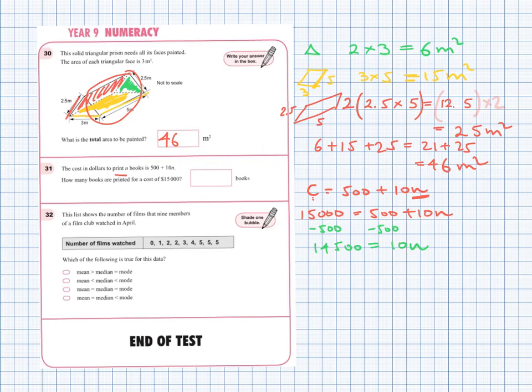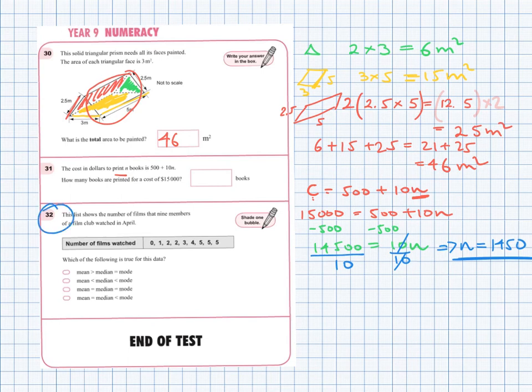I want just N, not 10N, so we're going to divide by 10 on both sides. The 10 is gone, because that's going to be 1. N is equal to 1,450. So 1,450 books will be printed for that cost.